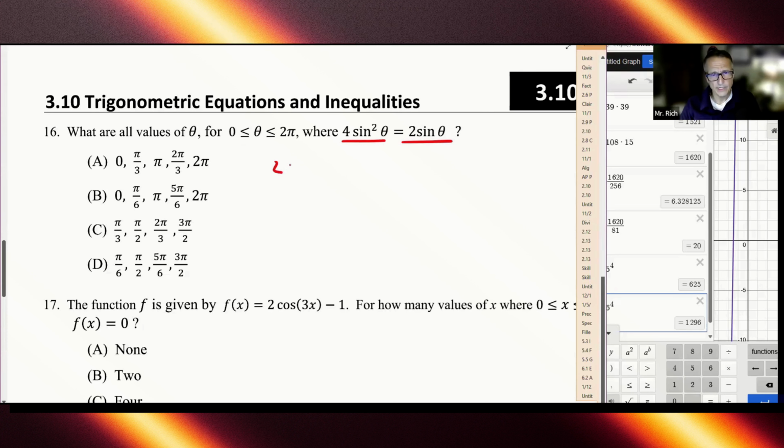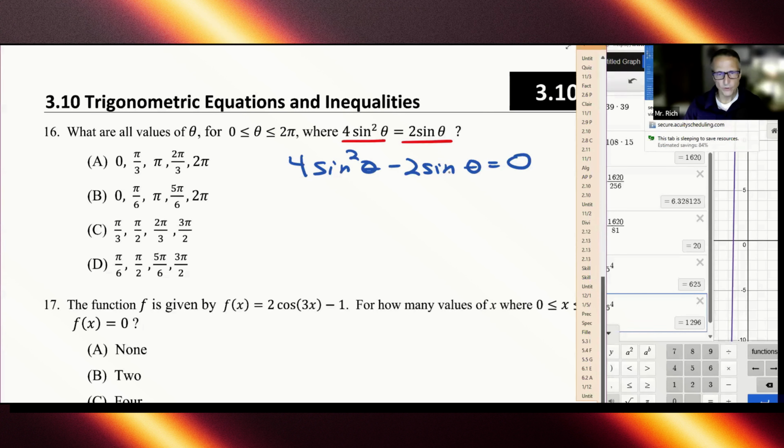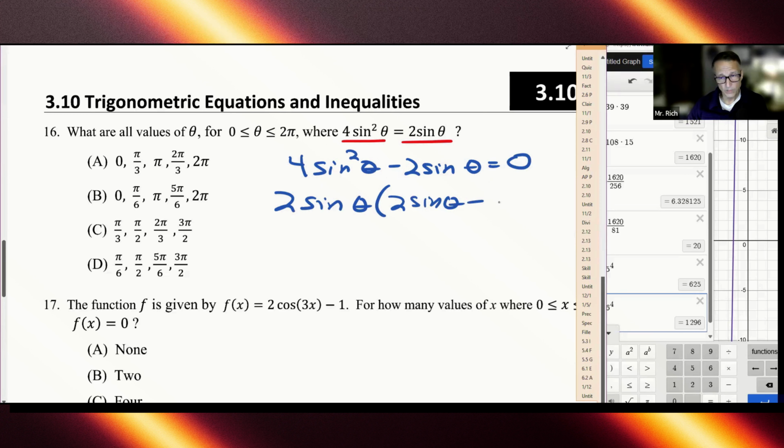So I'm going to change this color back to blue. I'm going to take the right-hand side and subtract it over to the left side. And then I'm going to factor. And what I recognize here is I do have a greatest common factor that I can pull out, and that's 2 times sine theta. When I pull a 2 sine theta out, what's left is 2 sine theta minus 1 equals 0, like that.